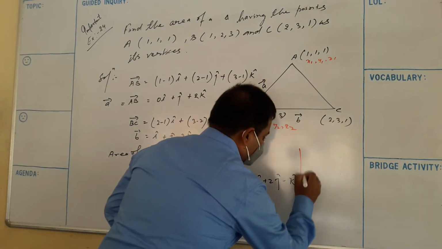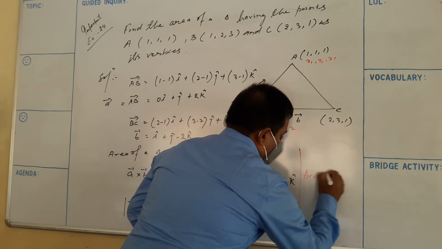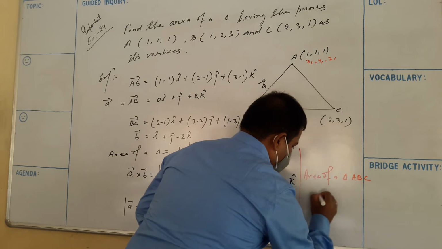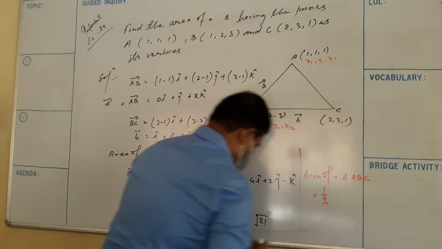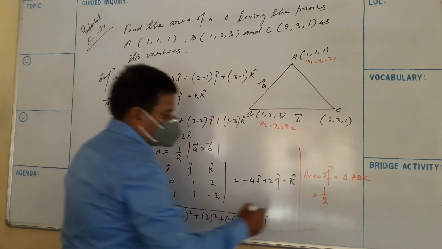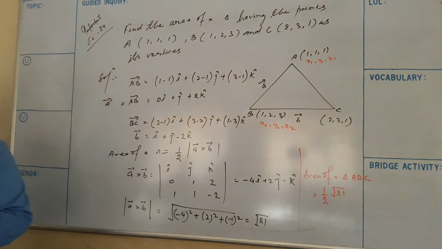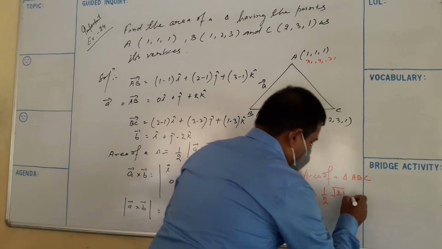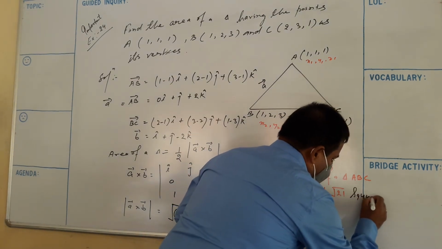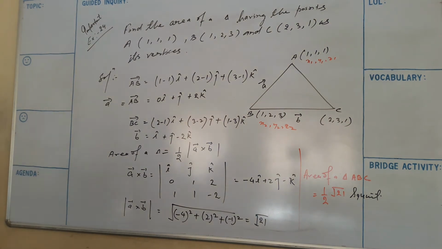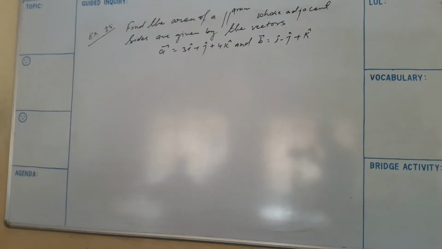area of a triangle ABC is equal to half into root 21 square unit. Clear? Any doubt? Okay.